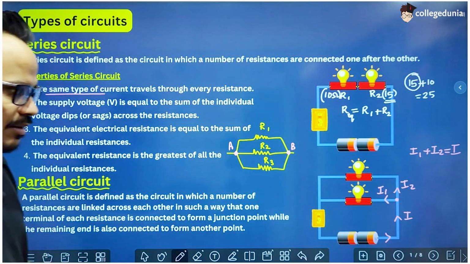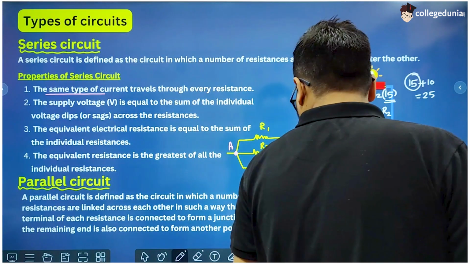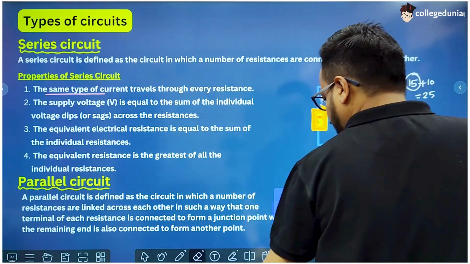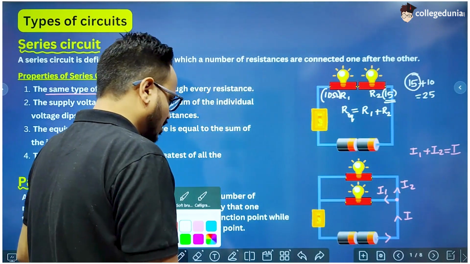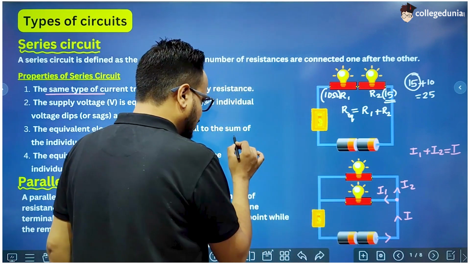Number 3, let's talk about the resistance. Let us say the resistance of this bulb is R1 and resistance of this bulb is R2.